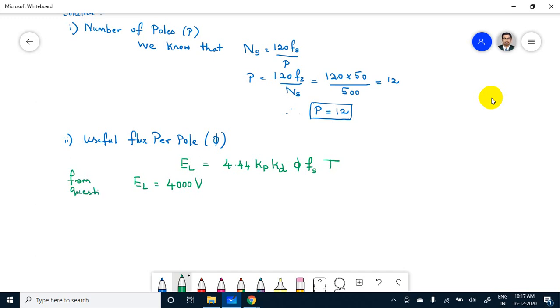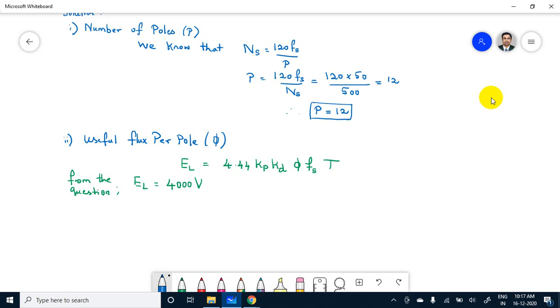It is given, line voltage EL equal to 4000 volt, except you don't know the Kp, Kd. Supply frequency we know, it is 50. You don't know the number of turns. Now we are going to calculate step by step.